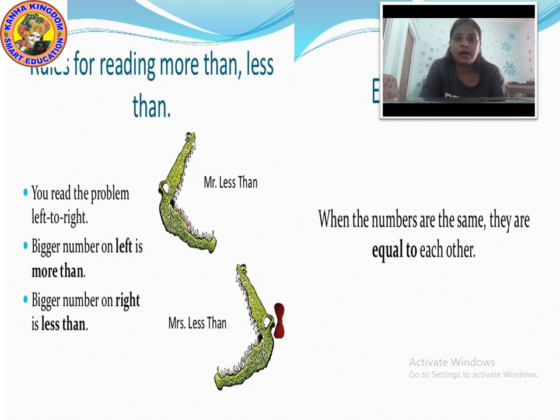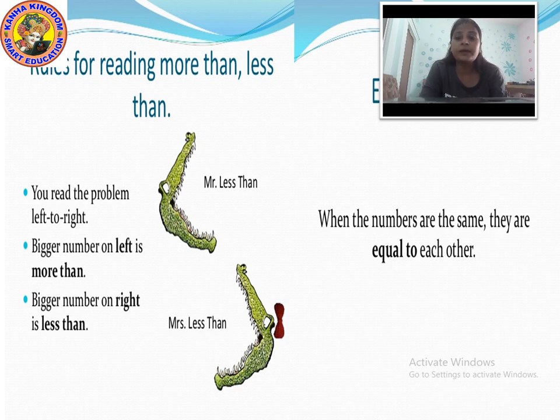When the numbers are the same, they are equal to each other. Bigger number on the left is more than, bigger number on the right is less than.